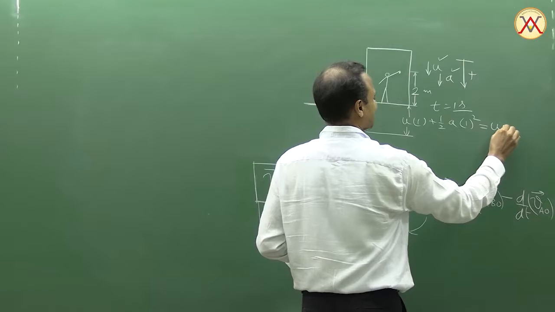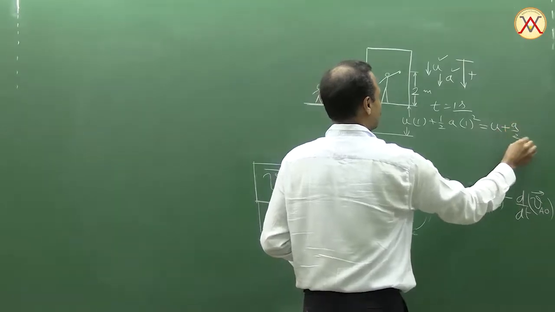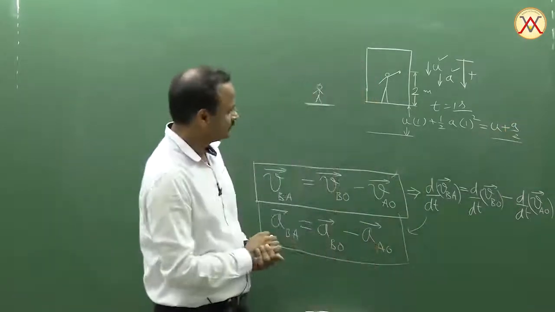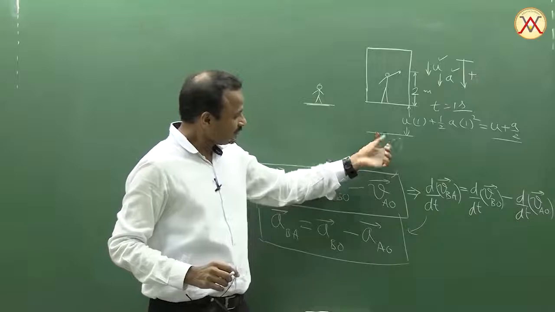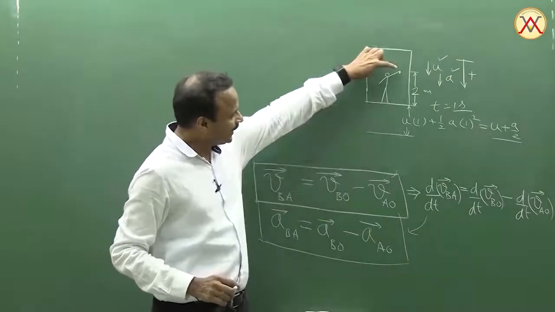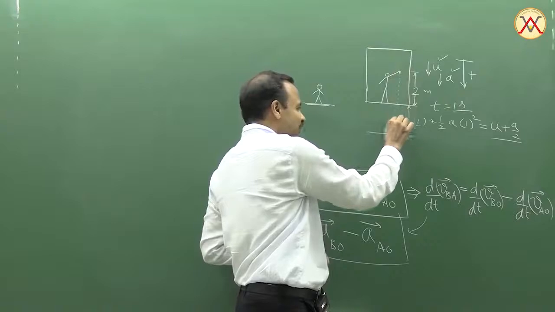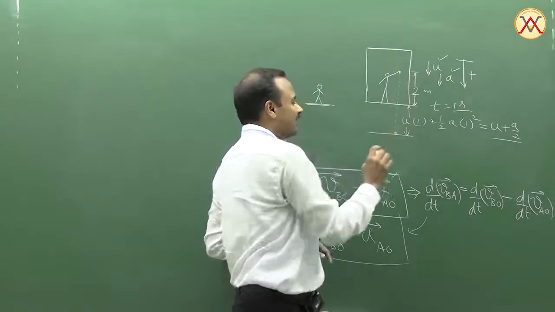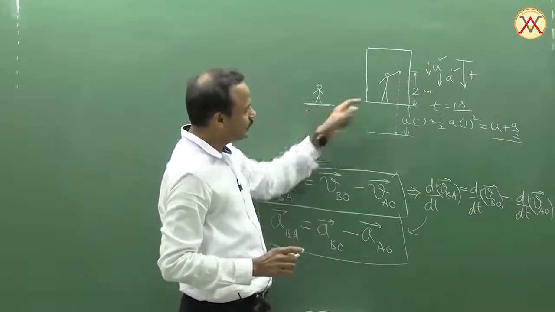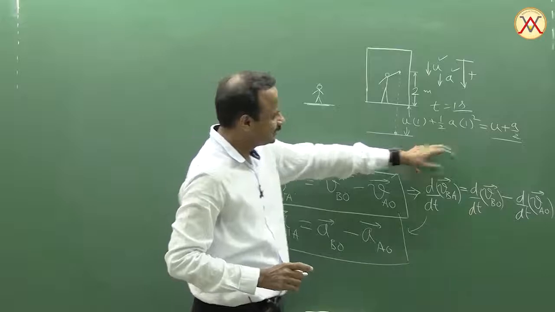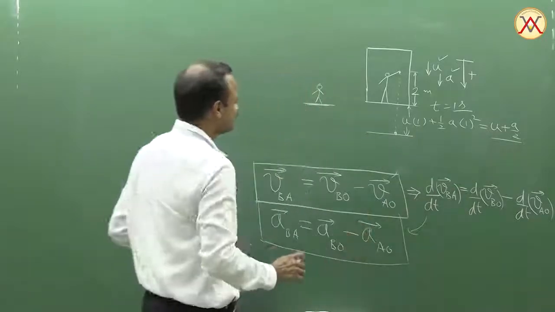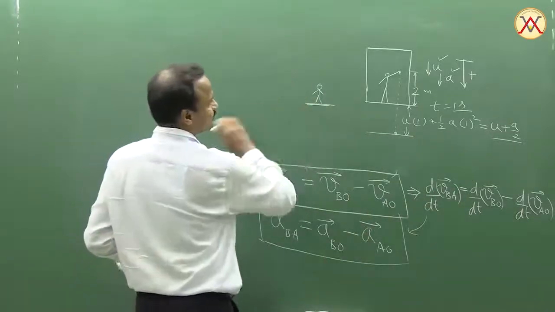You can just write it as u plus a by 2 in your SI system. Now, the total displacement of the coin as seen by this person will be 2 meters plus this. So, what equation will this person make?